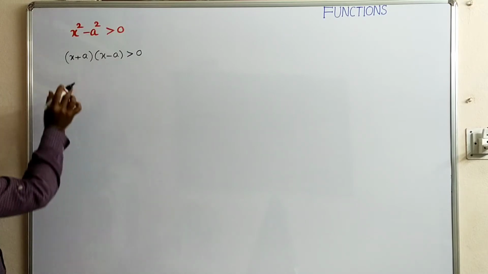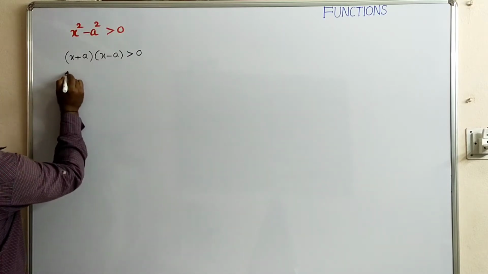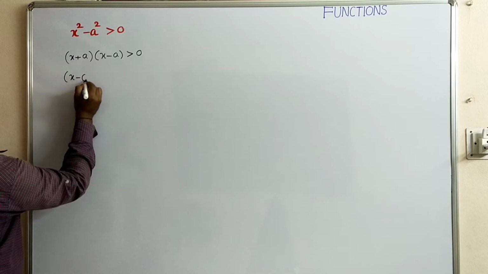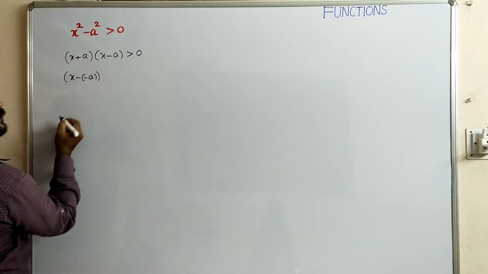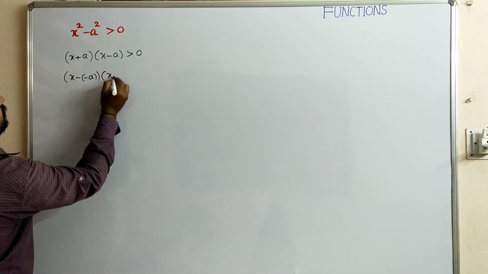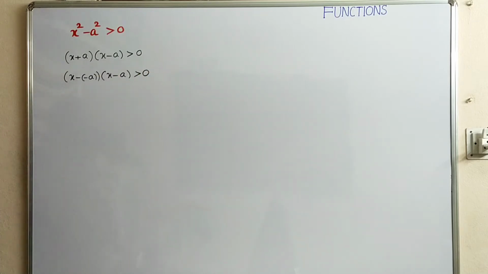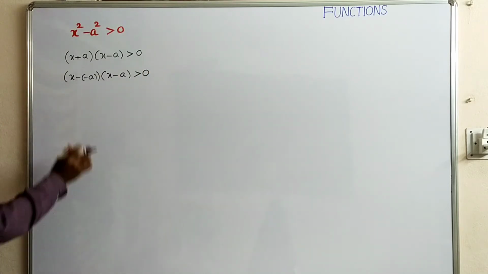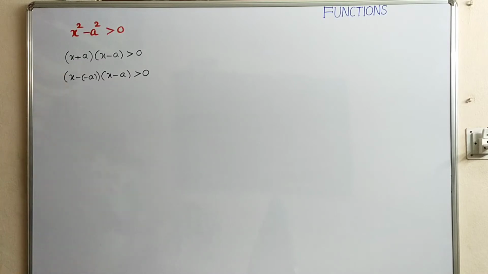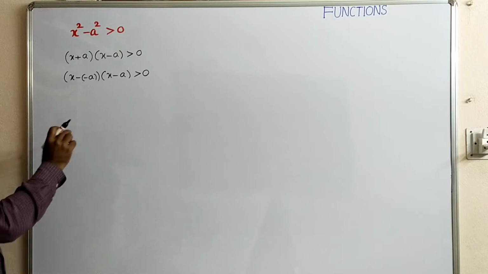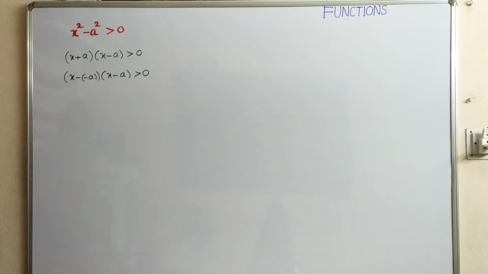After that, x plus a can be written as x minus of minus a, into x minus a is greater than 0. So x minus alpha into x minus beta is greater than 0.